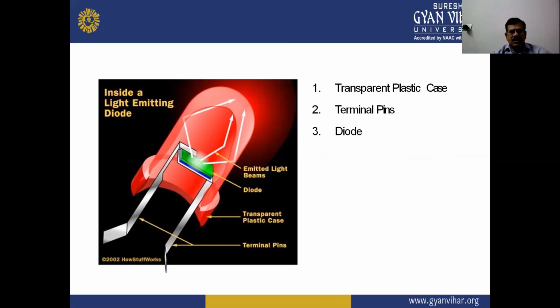So it has mostly three parts: one is the transparent plastic case, the second is the terminal pins, and the third is the diode. That is the cutting section of the LED.